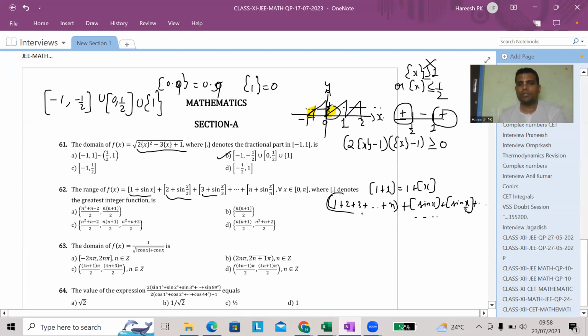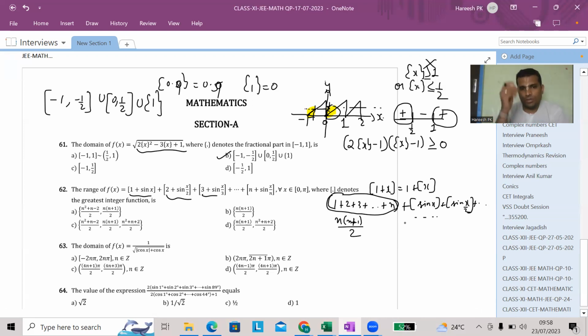Now, 1 plus 2 plus 3 up to n. What is the answer for this? The answer for this is n into n plus 1 by 2. Now, sine x. They're saying x belongs to 0 to pi.